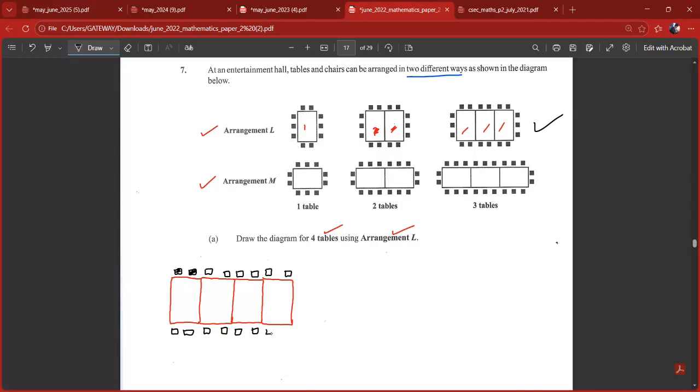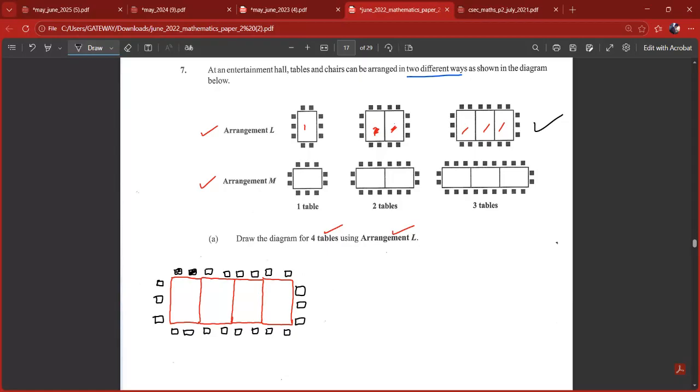These little boxes are representing the chairs. You have 3 chairs to the left and to the right of the ends of the table. So I have to draw 3 here. 1, 2, 3. 1, 2, 3.